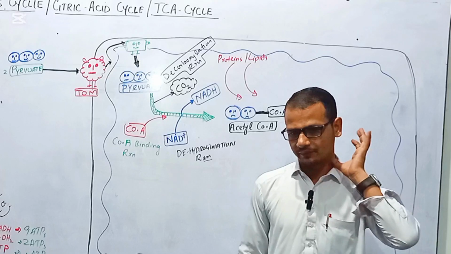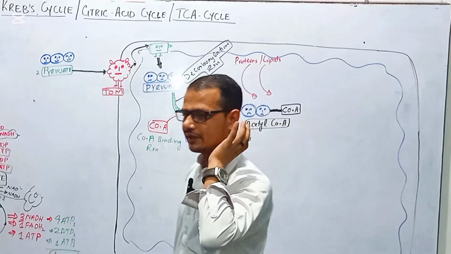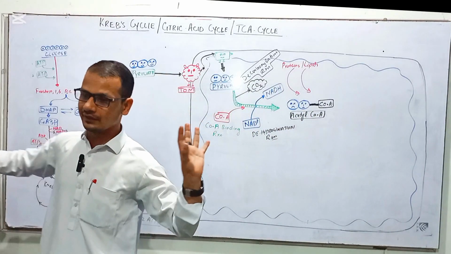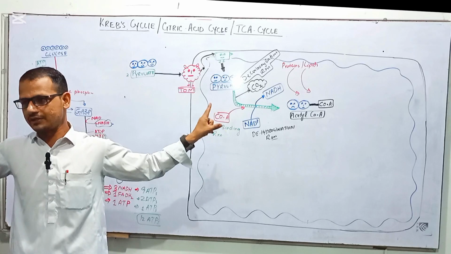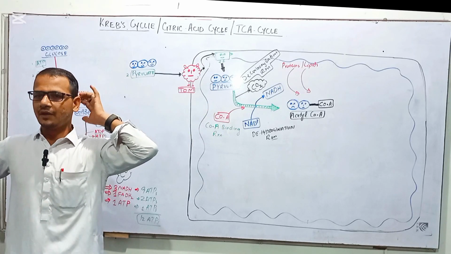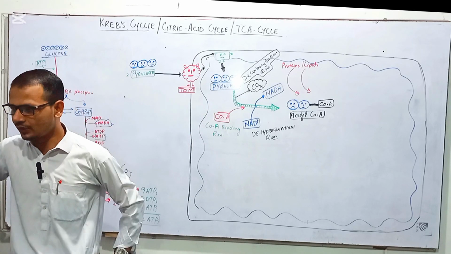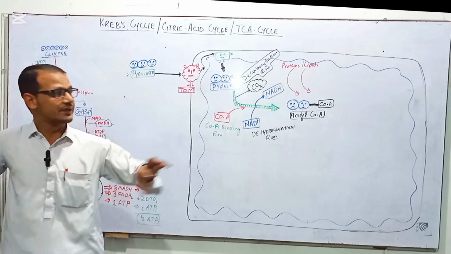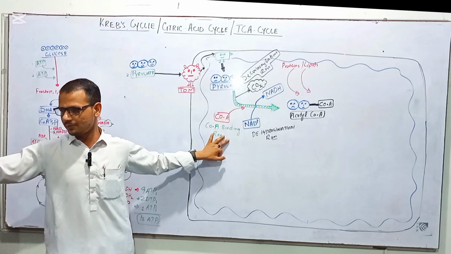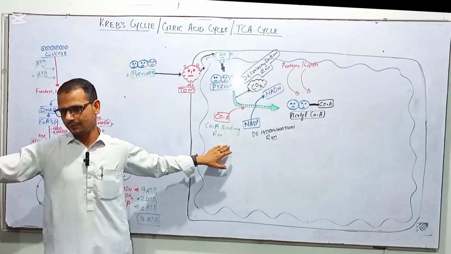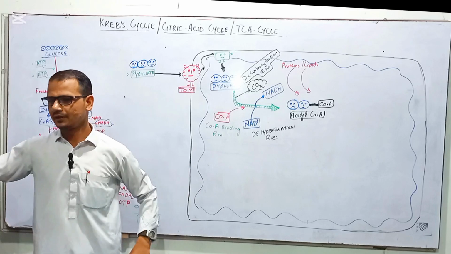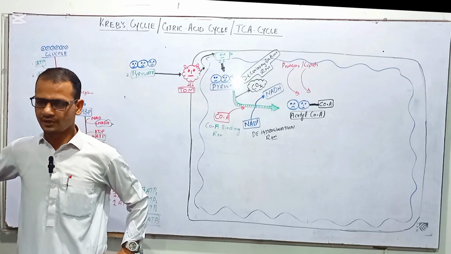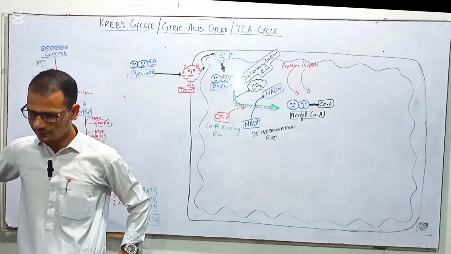Regulation is very important because there are a lot of clinical conditions which depend only on this reaction, right? For example, if a person has a loss of appetite, anorexia, this is due to this reaction being stopped. You will stop eating because metabolism is stopped, the Krebs cycle is stopped, energy production is inhibited, right?